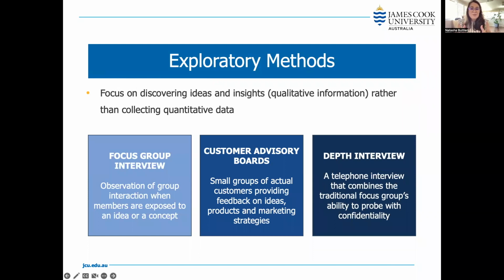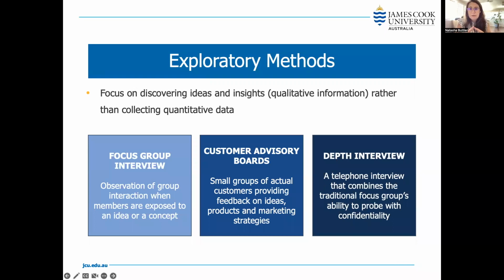And then we have in-depth interviews, and that might be a phone or a face-to-face interview that kind of combines the traditional focus group, but we're able to go a little bit deeper and get more information out that may not be influenced by the focus group, because sometimes we can get groupthink in a focus group.